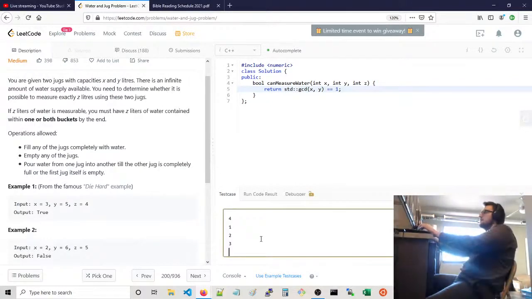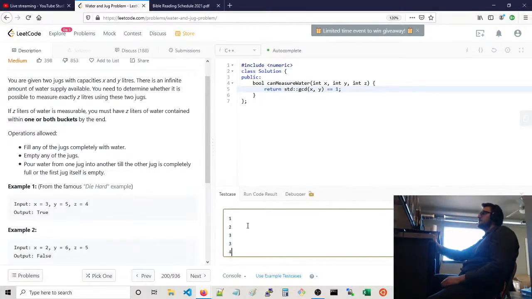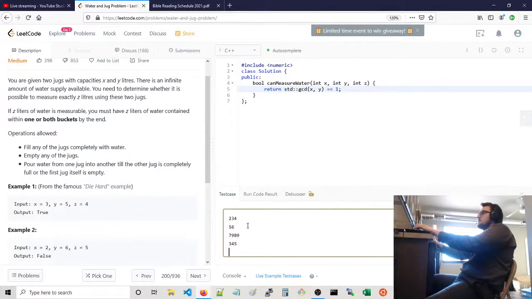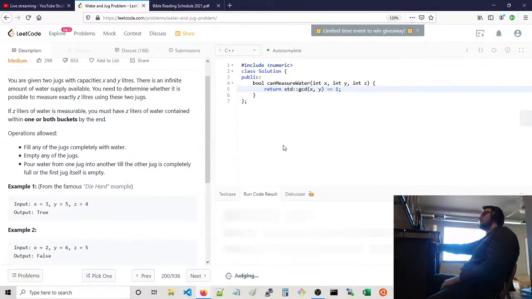Let's just do a bunch of different numbers. 1, 2, 3. I think I got it. I don't know, just a bunch of random stuff. We're gonna fuzz.